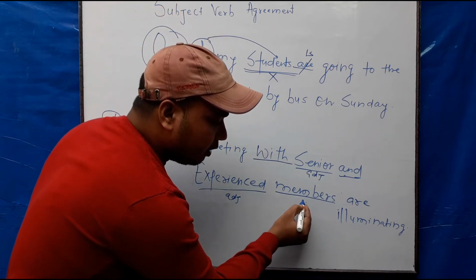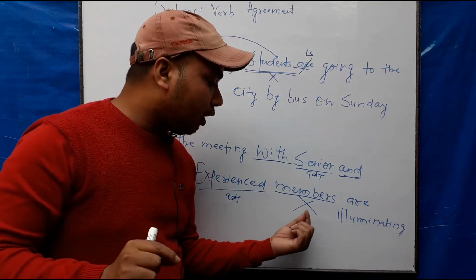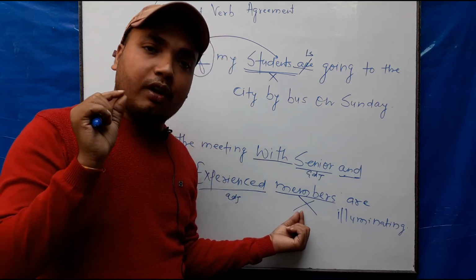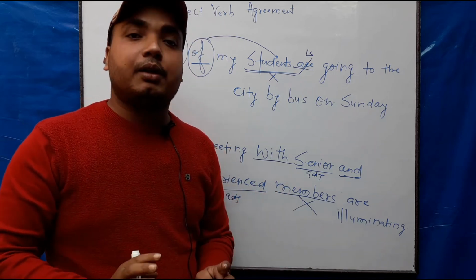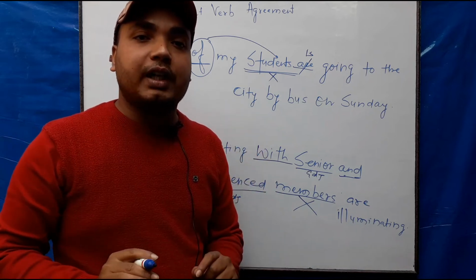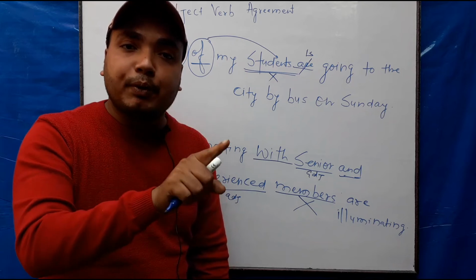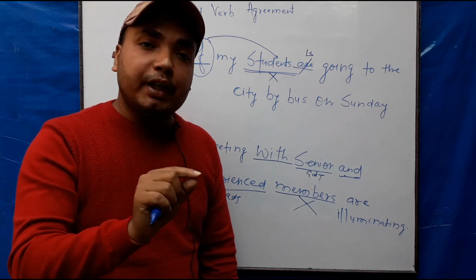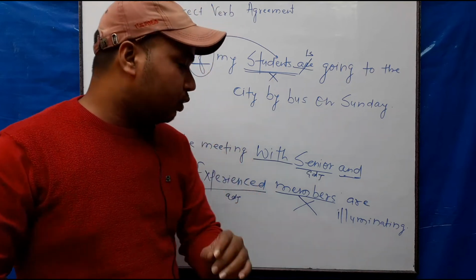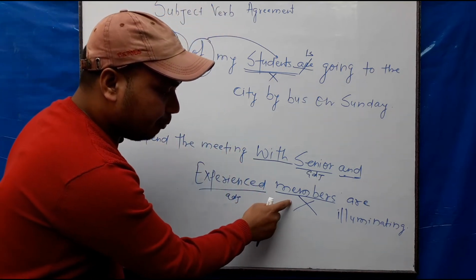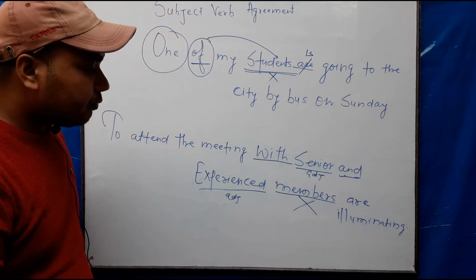So this noun cannot be the subject because it's an object here. I have already told you that after a preposition or after a main verb, if any noun or pronoun comes, that noun or pronoun will be the object of that preposition or main verb, and an object cannot be the subject in the sentence. So this "members" cannot be the subject.